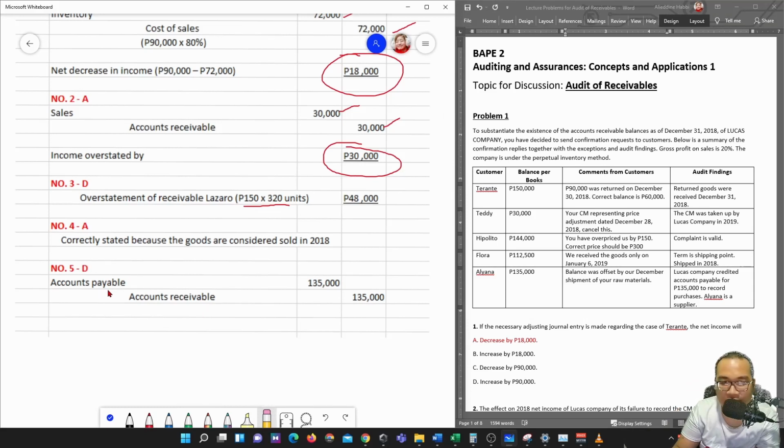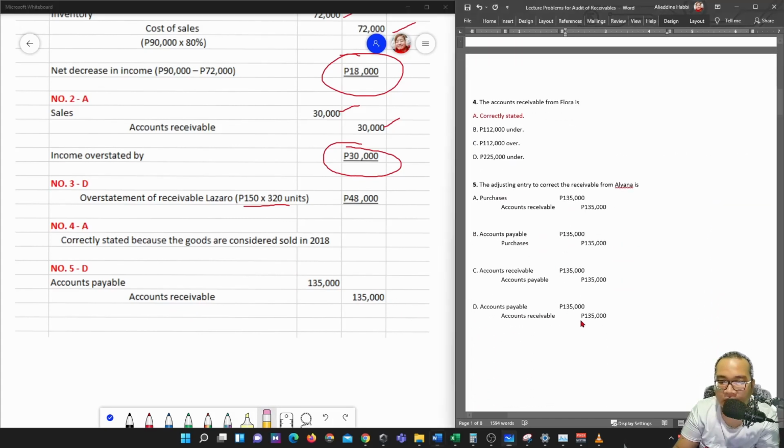Cancel, close mo na ang 135,000 na accounts payable kasi wala ka nang utang kasi quits na kayo eh. And yung accounts receivable, close mo na rin. Simpleng usapan. And what does it show? It shows na may close relationship yung dalawang companies kasi kaya nilang mag-usap ng ganitong terms eh.